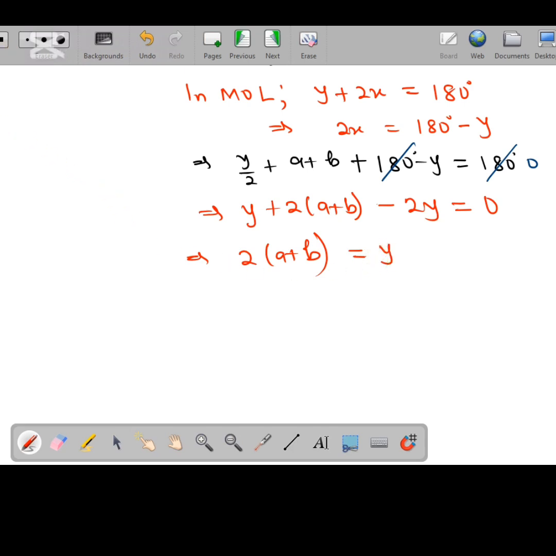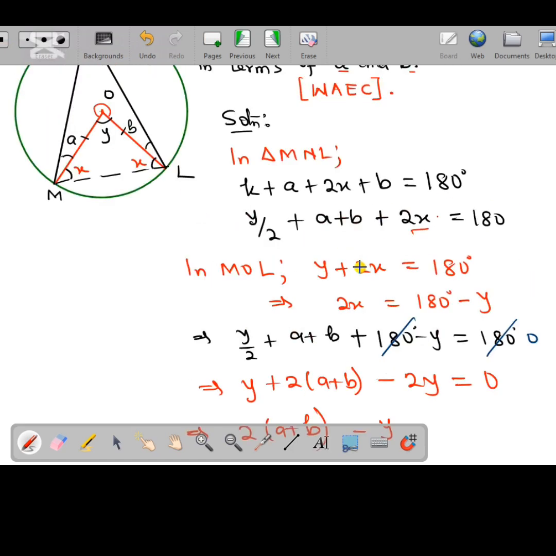Now, however, remember that what we were asked to get is the reflex angle, and that's the reflex angle of this Y, and the reflex angle has a relationship with Y. So let's call that reflex angle Z.